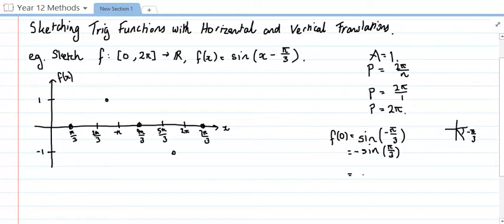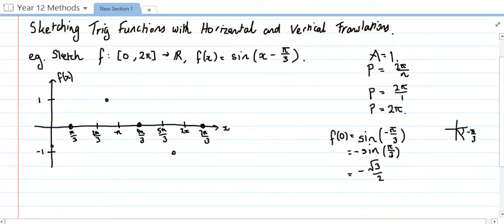And if you know your exact values, then you know that that's the same as negative root 3 on 2. It's a good idea if we have some idea of how much root 3 is, so it's about 1.73. If we divide that by 2, then we're going to get about 0.85, 0.86, somewhere around there. So it's negative 0.86-ish, which is probably going to go about there somewhere.